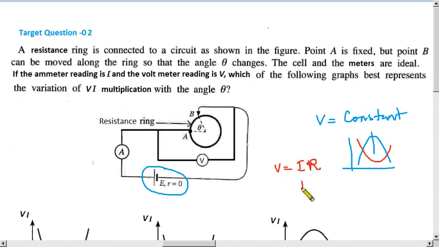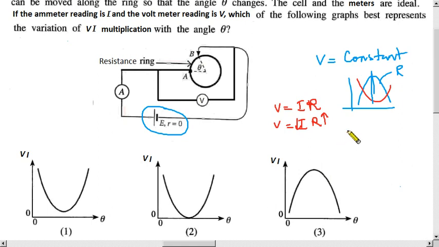Therefore, when R increases, I decreases, keeping the voltage constant. So like this, I decreases.